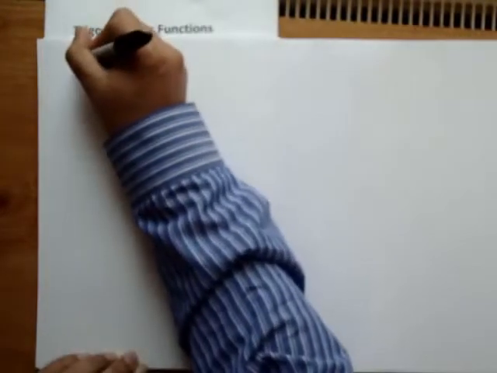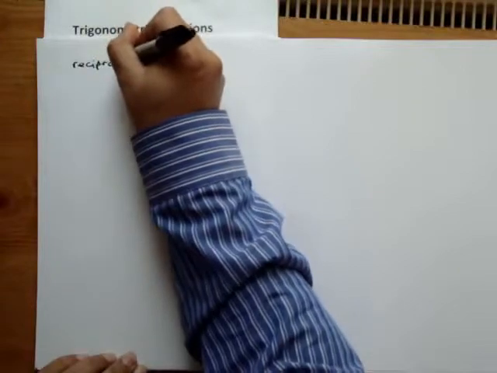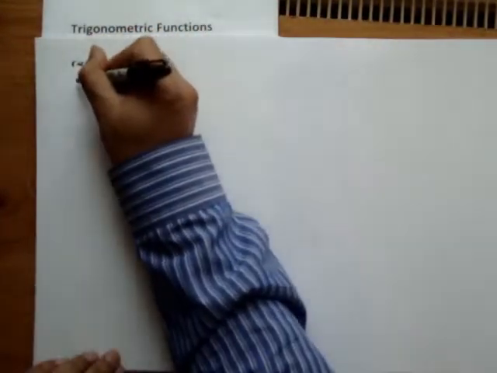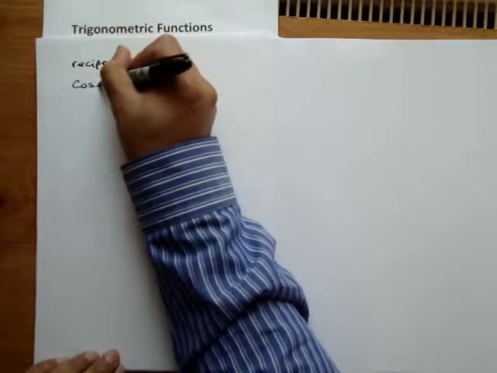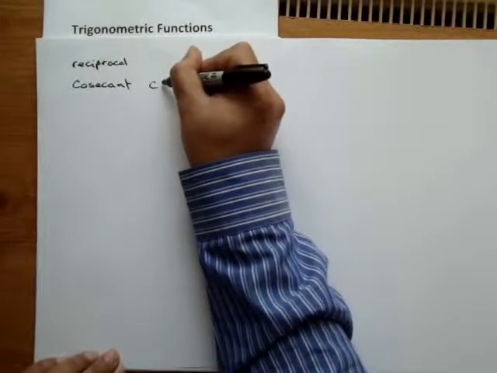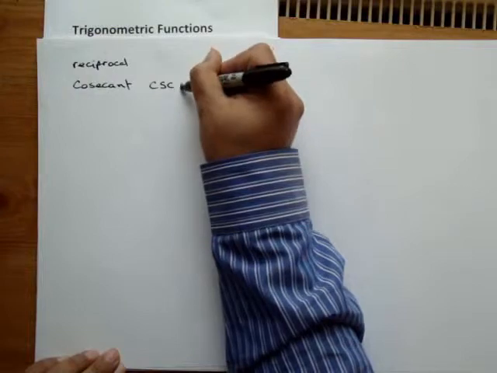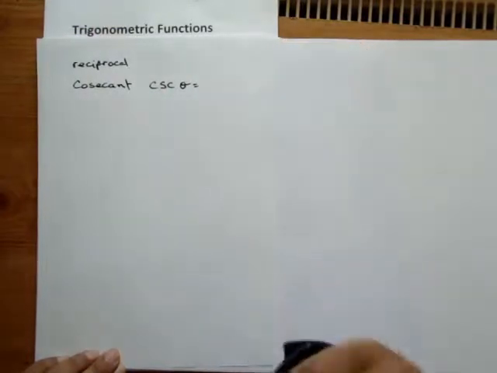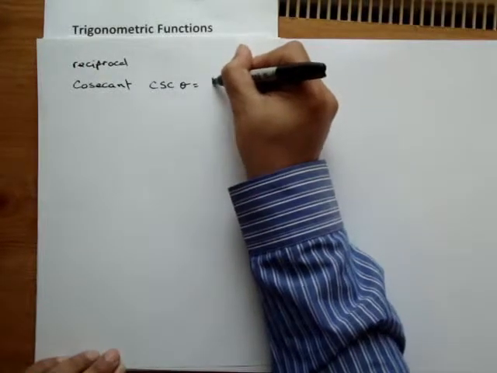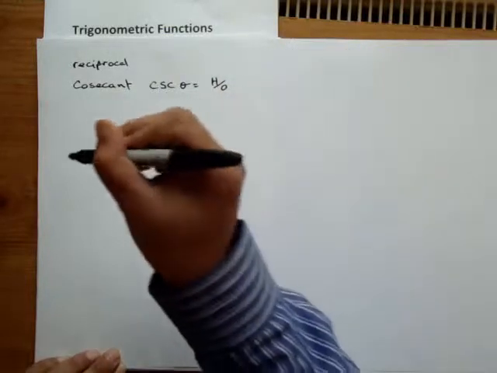Let's have a look at the reciprocal functions. So the cosecant function, which we write as cosec theta, is the reciprocal of sine, so it becomes h over o, hypotenuse over opposite.